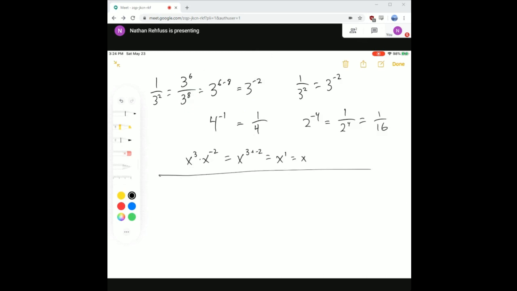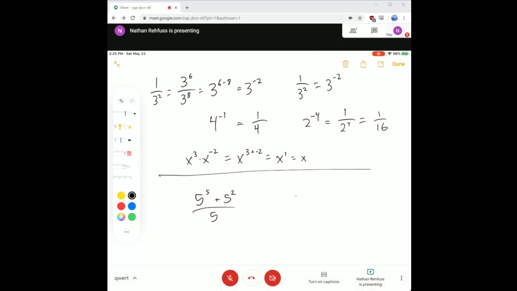A little bit of language I want to come up with here. What's the difference between 5 to the 5th plus 5 squared over 5 and 5 to the 5th times 5 squared over 5? Two different expressions. The answers are going to be 2 different numbers.